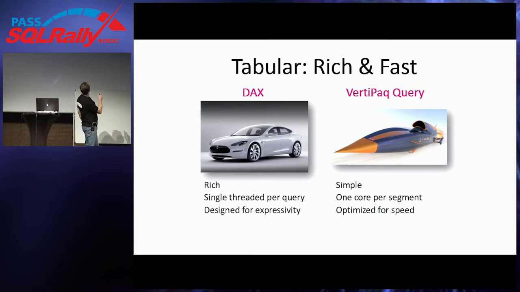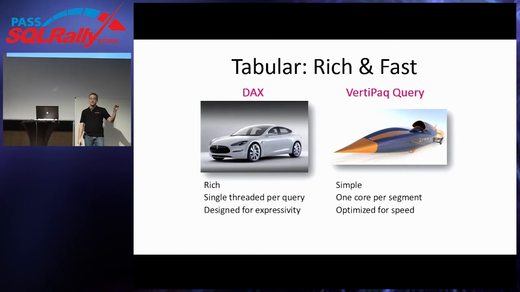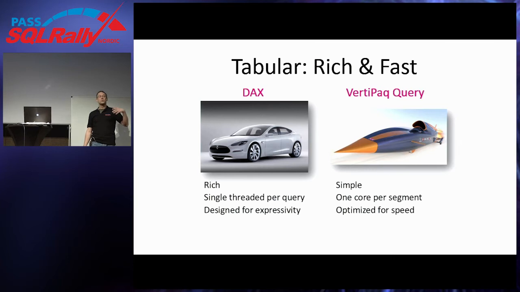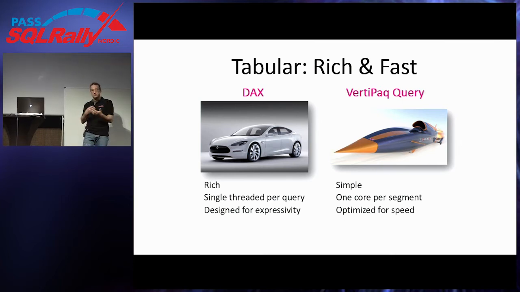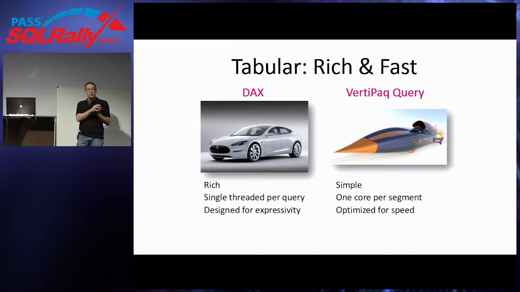The formula engine, the DAX language, is very rich, very powerful, but it has a very strong limitation. It is single-threaded. So no matter how many cores you have on your box, if you use formula engine, only one of them will work at a time. And so there is not much space for improvement of speed, because only one core is working and you don't have any hardware option.